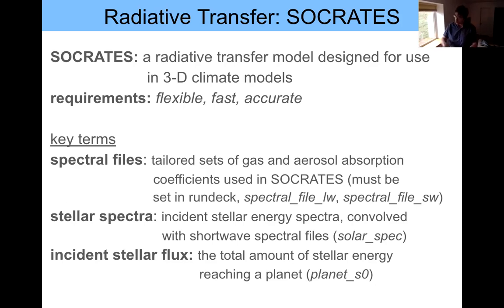So when you're changing stellar spectra, you can't just change the stellar spectra, you also have to choose the correct spectral file, which has the appended name of the stellar spectra as well. It's a straightforward process. And then of course you have your incident stellar flux, which is the total amount of stellar energy reaching the planet, underscore S0. So next slide, please.